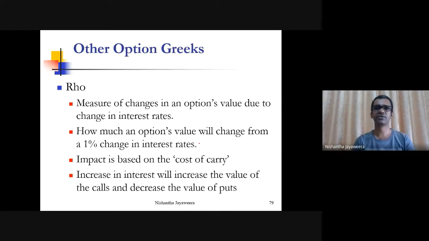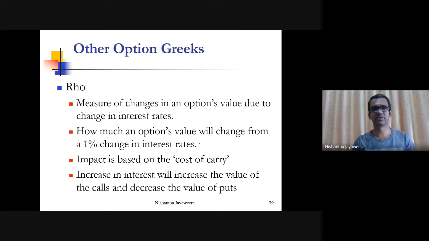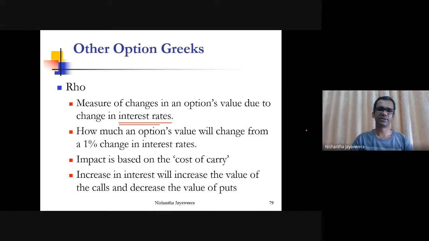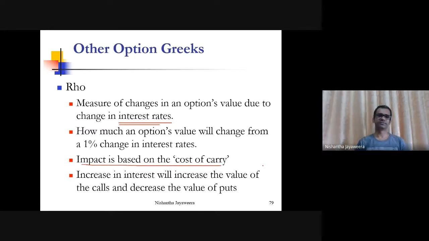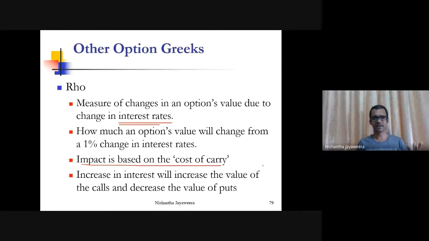As I mentioned, rho is the last option Greek, which measures the sensitivity of the option premium to changes in interest rates, because it impacts the cost of carry, as I explained. Whether you buy a call option or buy the underlying asset has an impact on the cost of funding.